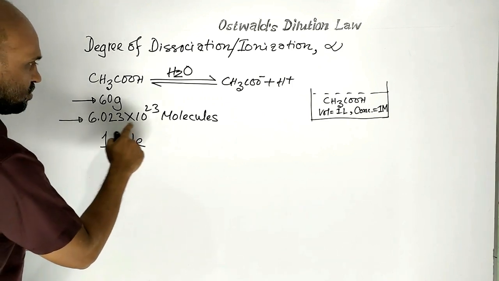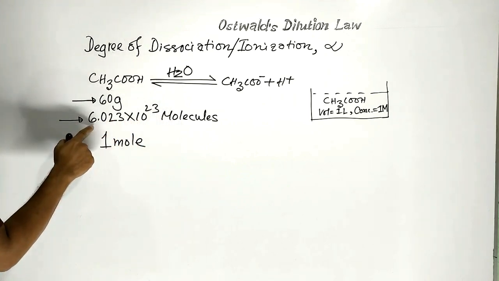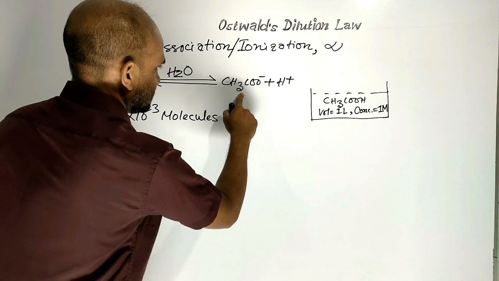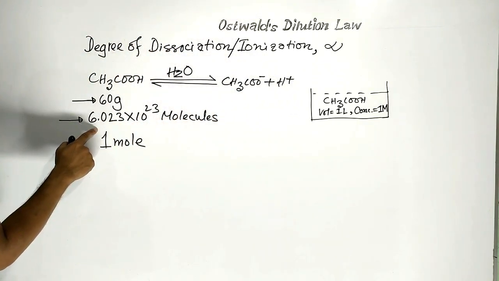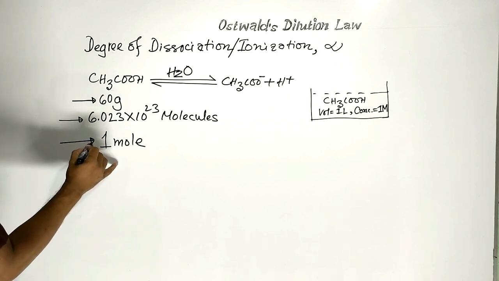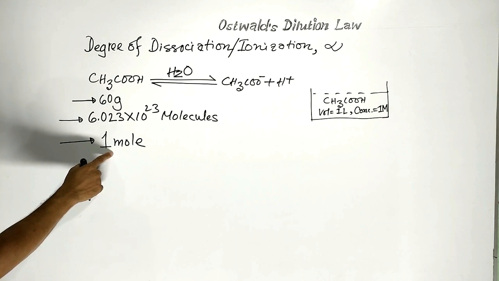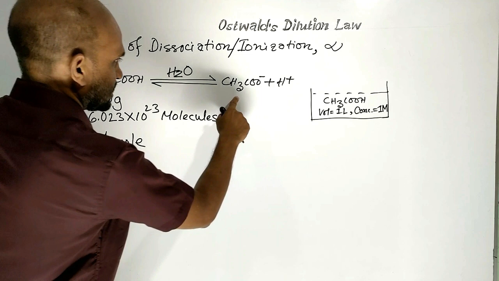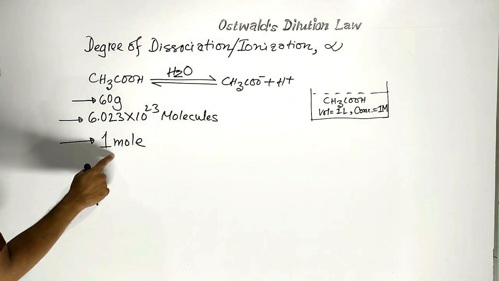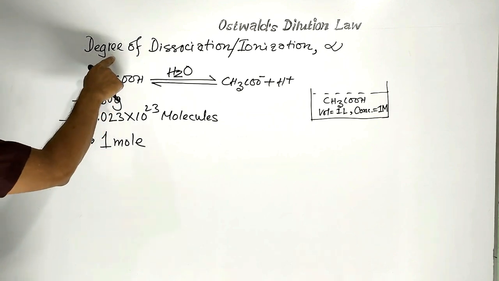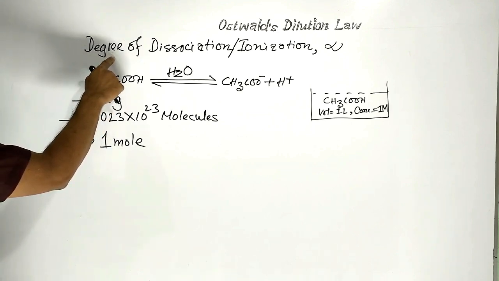The number of molecules from Avogadro's number that ionize to acetate ion and proton, that number is known as degree of dissociation. Again, the fraction of moles from 1 mole that ionize to acetate ion and proton, that fraction from 1 mole is known as degree of dissociation.